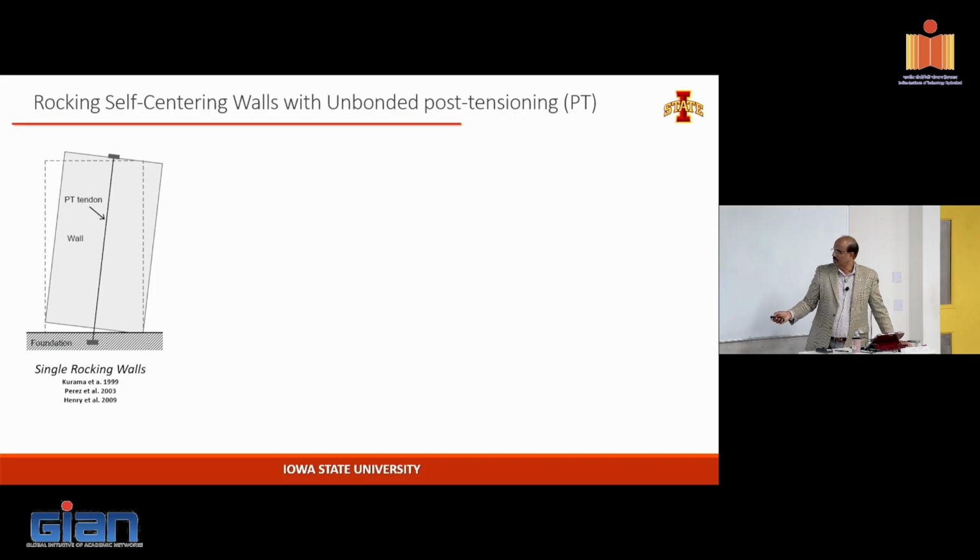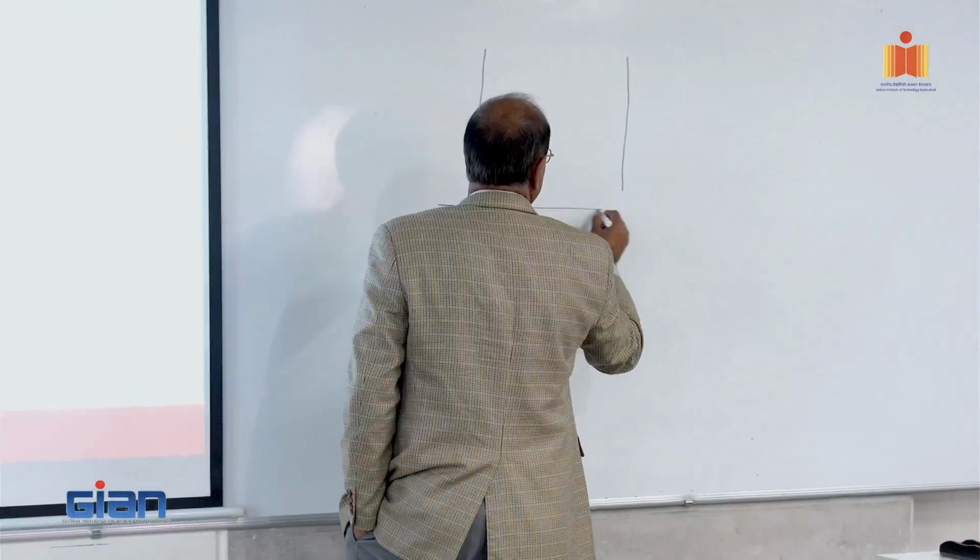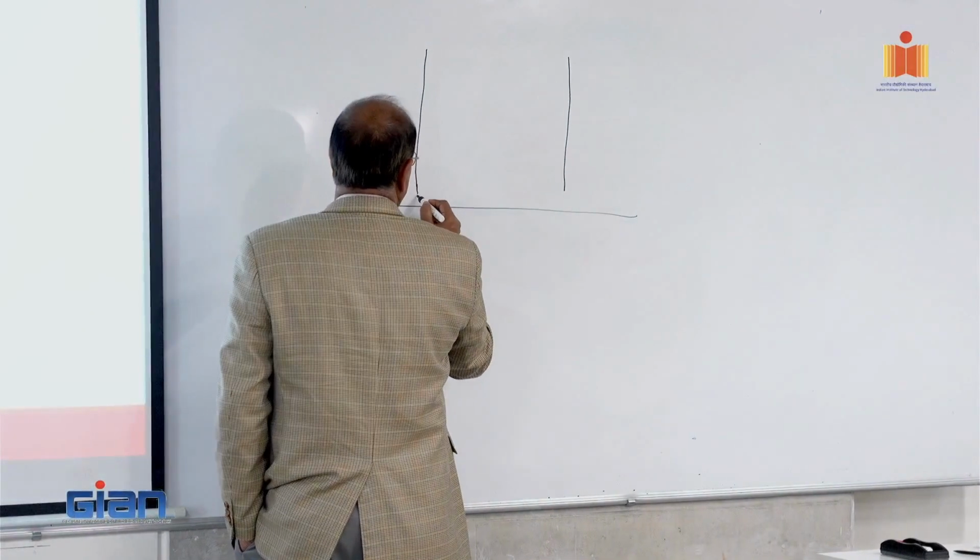And then you could also, it doesn't have to be rocked this way, cut down the interface. That's something typically used in the US, mostly the bridge folks do that quite a bit. So if you have a column and this is a foundation, the same applies to the wall.